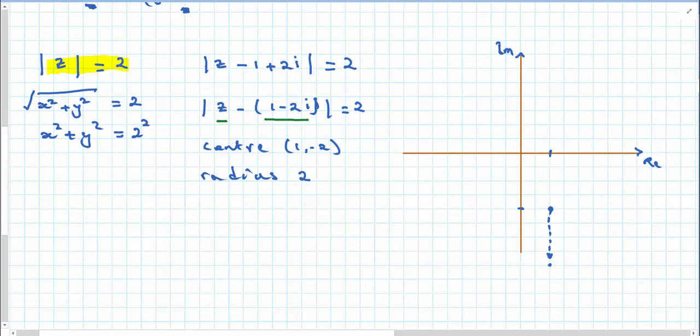So we know what that's going to look like. That's going to give us a circle of radius 2, as we discussed earlier. So we end up with this circle.